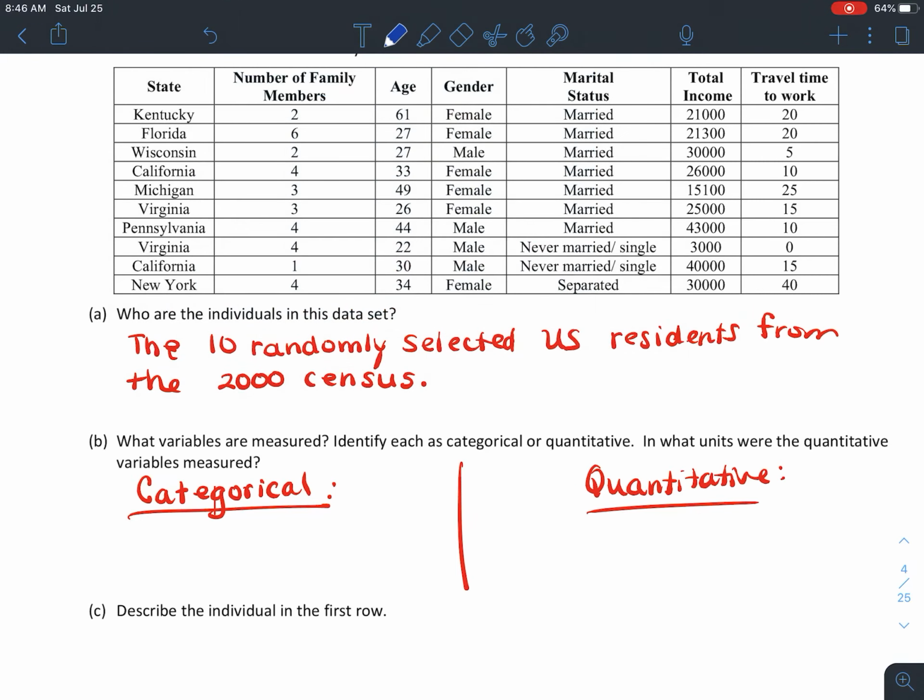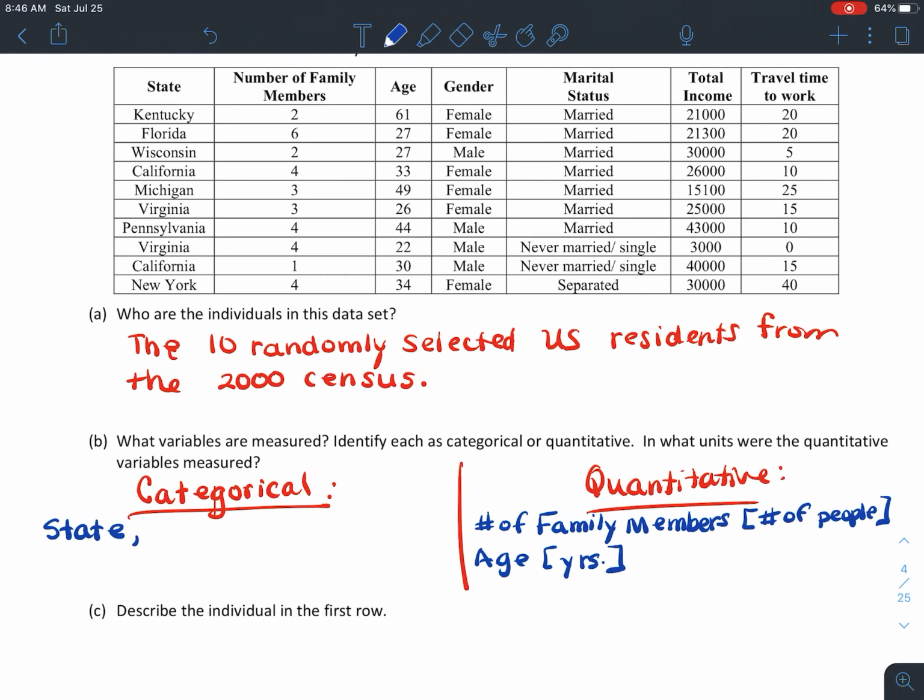The first one, state. Well, that would fall in categorical. It looks like the number of family members would be quantitative. And how is that measured? That's measured in number of people. Age, that would be quantitative. Looks like that's measured in years. Gender, that would be categorical.